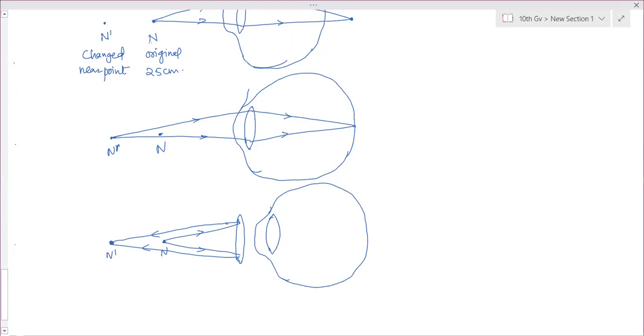The rays from this N dash fall on the eye lens and the image is formed on the retina.